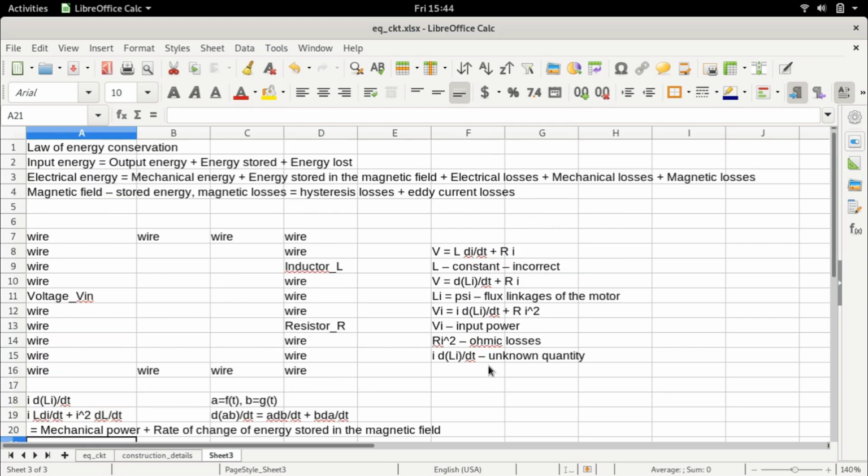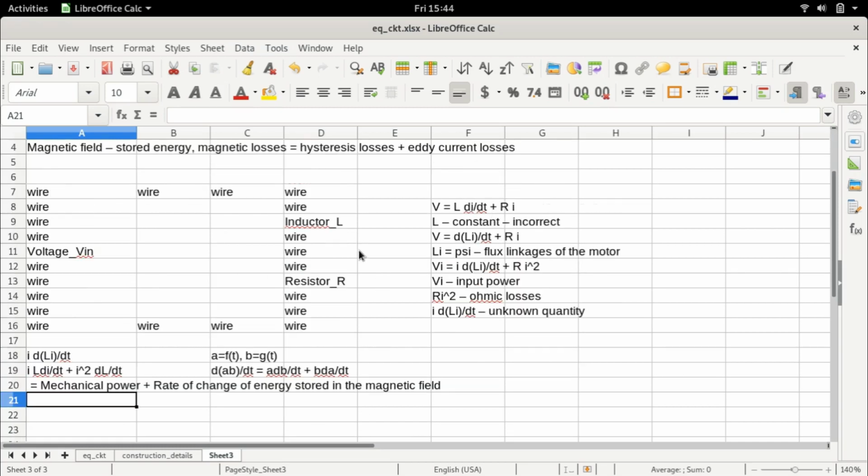So now if I were to say, for example, that we take this same equation, this same circuit rather, that is, you have an inductance and a resistance, and that is supplied by an AC voltage. Now we are saying that this is a simplified circuit of an induction motor.